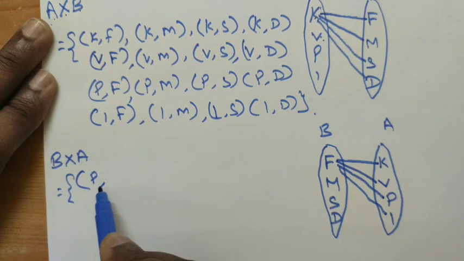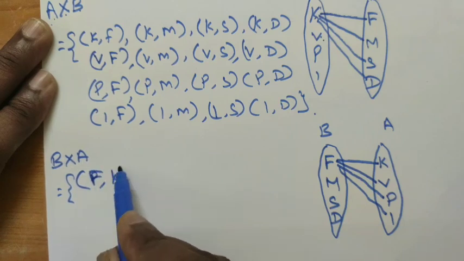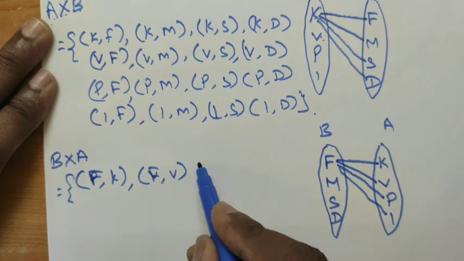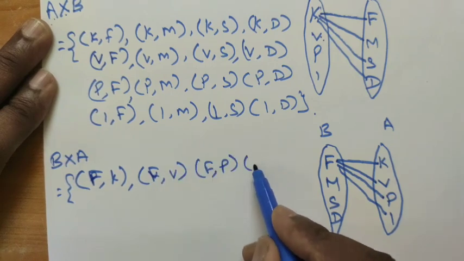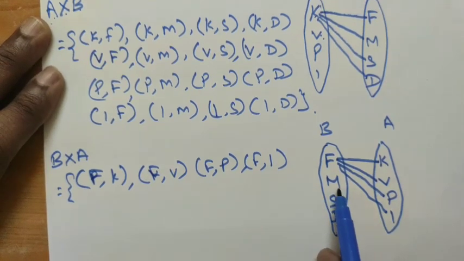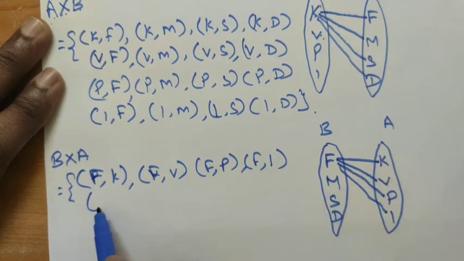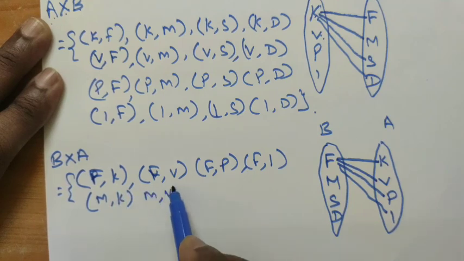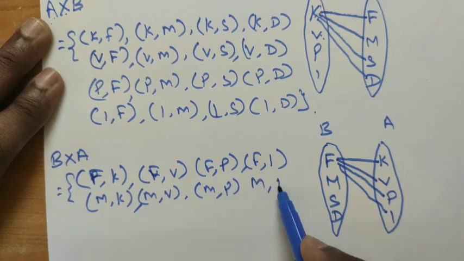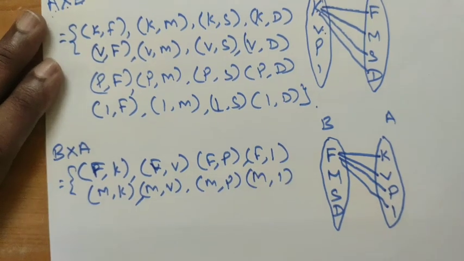So F comma K, right? F comma V, and then F comma P, F comma I. This is the form, right? And then mother took the plate and went to take the food. M comma K, M comma V, and then mother comma Pongal, and then mother comma Idli, right?